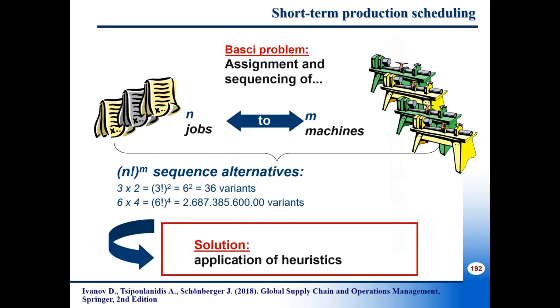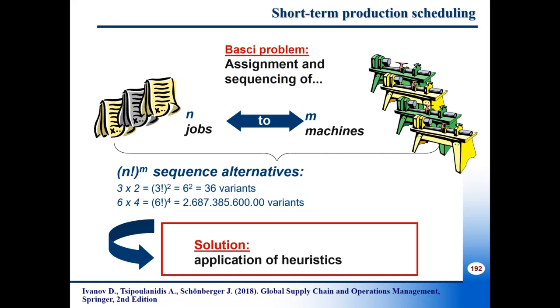In our textbook, another case study tells a story of Mark, who explains the general setup of a simple one machine scheduling challenge in a manufacturing environment. We can see the figure in our current slide. If we look at the figure, for 3 jobs to be processed by 2 machines, there are 36 variants of job sequences.